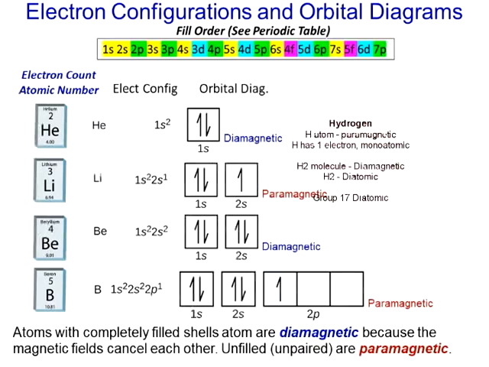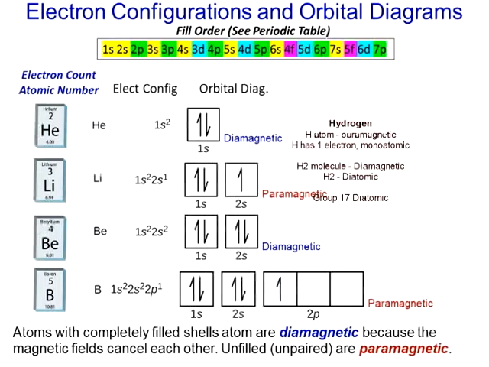Now, an interesting thing to note, hydrogen, which we don't show you here on the slides, but hydrogen only has one electron. That means the hydrogen atom, the monoatomic hydrogen atom, only has one electron. You would be tempted to refer to hydrogen as being paramagnetic. However, hydrogen in its most stable elemental state is as a diatomic.